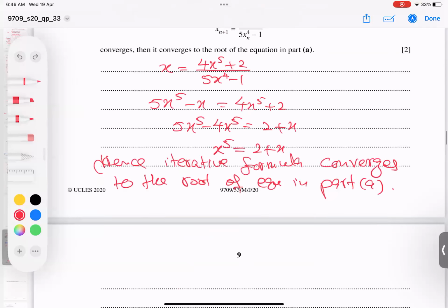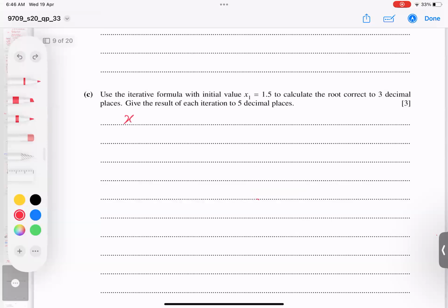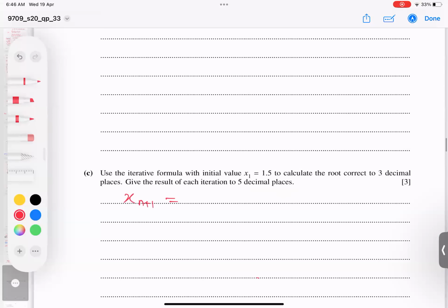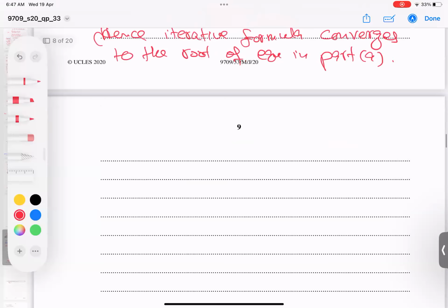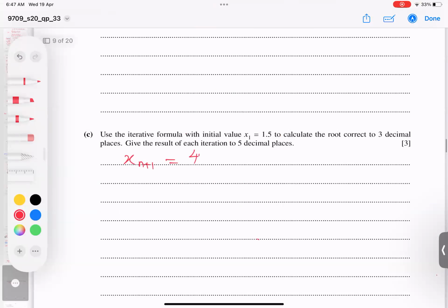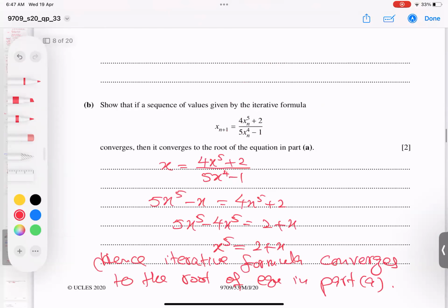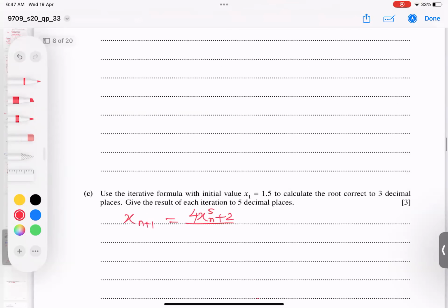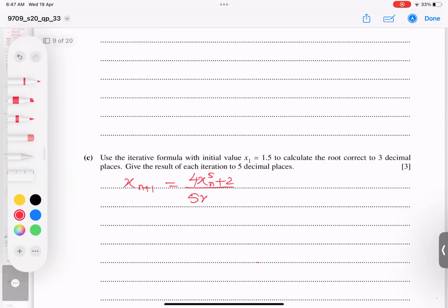So first of all, x n plus 1 equals (4x_n to the power 5 plus 2) over (5x_n to the power 4 minus 1). First of all, I will put n equals 1 in the whole equation. So 1 plus 1 gives us 2.